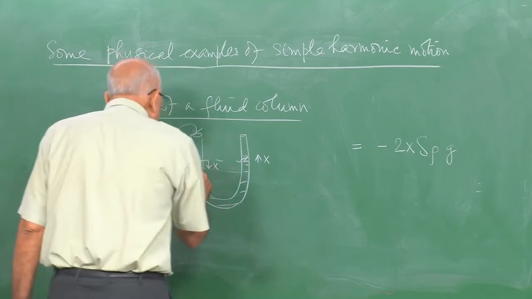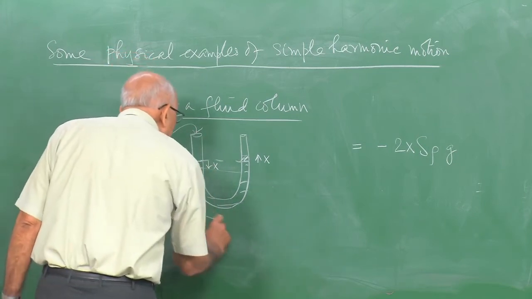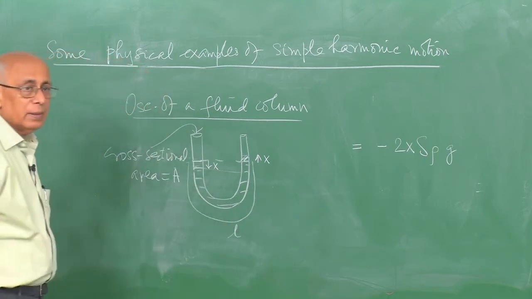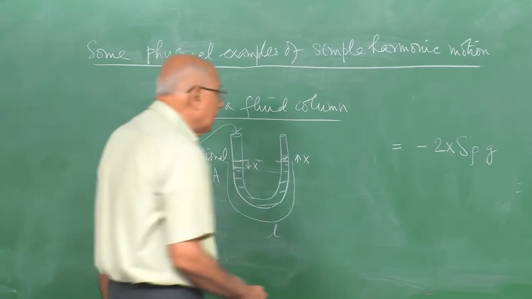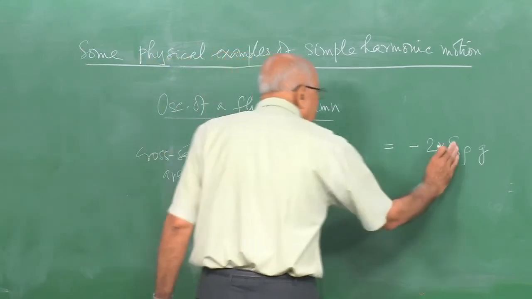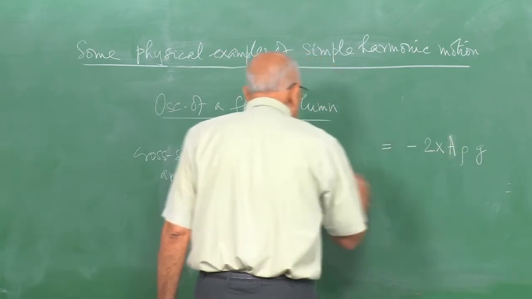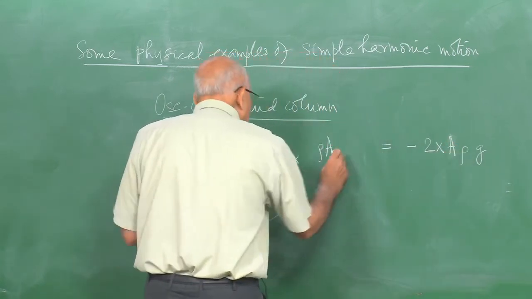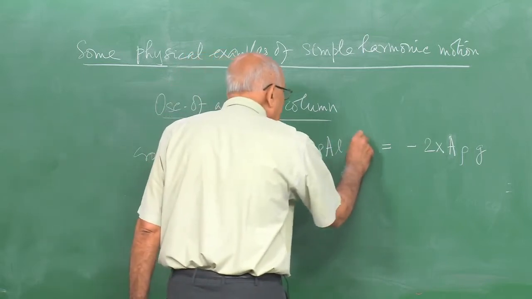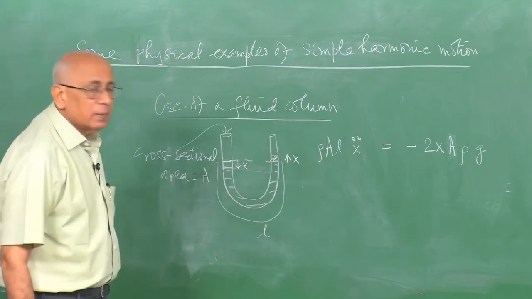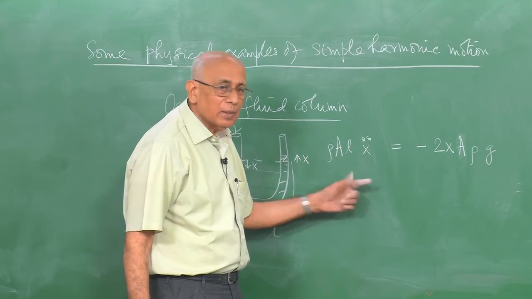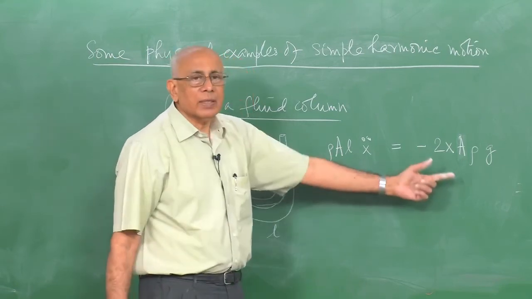And let us suppose the entire fluid, when it is in equilibrium, has a length L, say. Then the total amount of fluid is the mass, which is equal to rho times the cross sectional area A times the length L, times x double dot. So it says mass times the acceleration x double dot of this little element is equal to the restoring force out there.